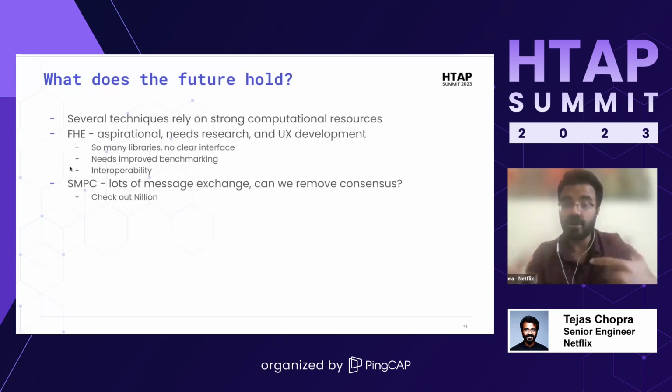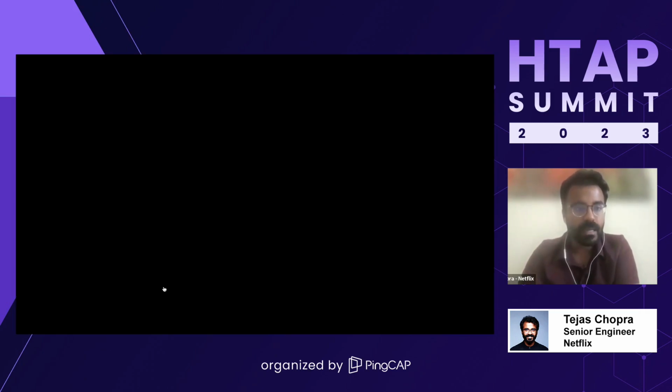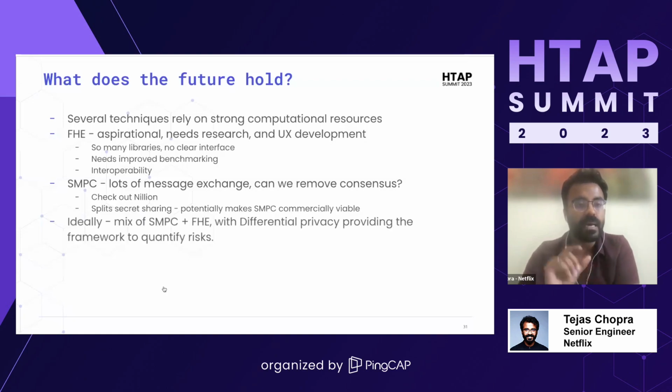Now that has a lot of hope if we want to develop secure operations. That makes secure multi-party computation commercially viable. Ideally, you would want a mix of secure multi-party computation with fully homomorphic encryption, and you would want differential privacy to provide a framework to quantify the risks and how much privacy is being leaked.